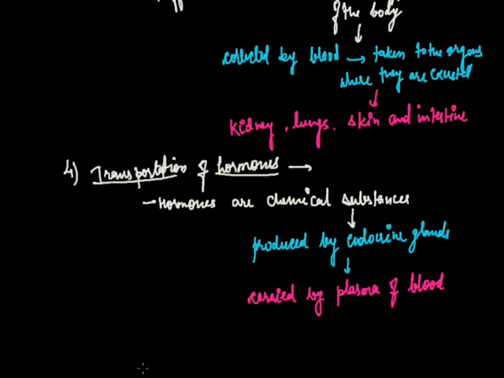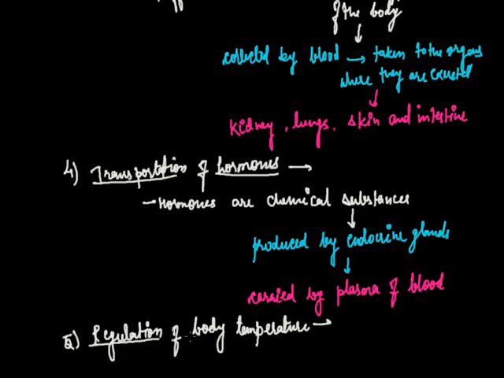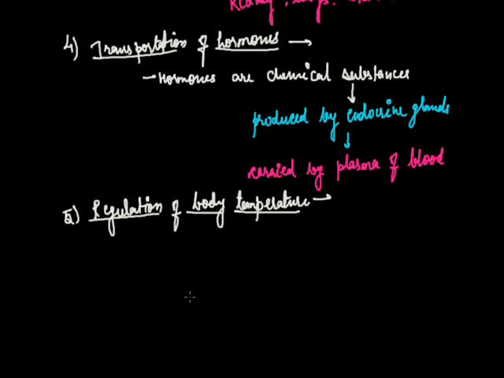The next function of blood is regulation of body temperature. The blood flows in all parts of the body, so it equalizes the body temperature.